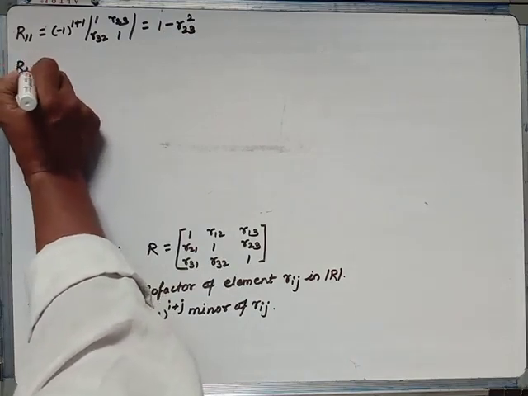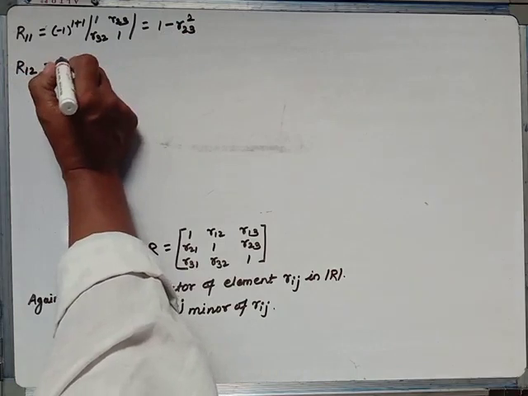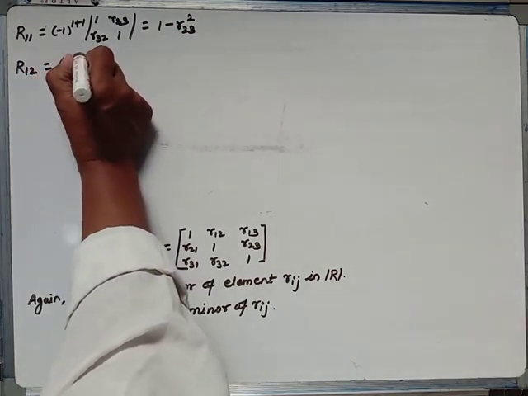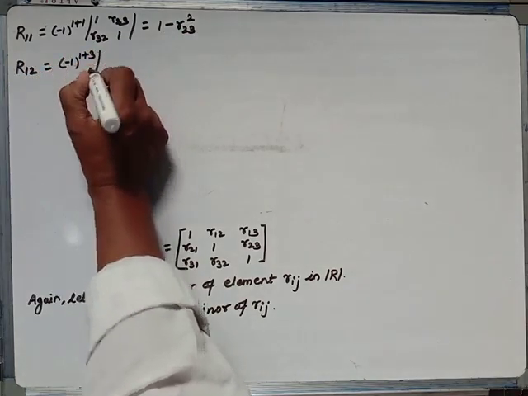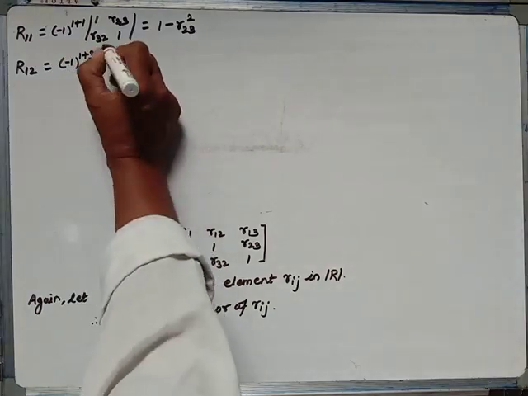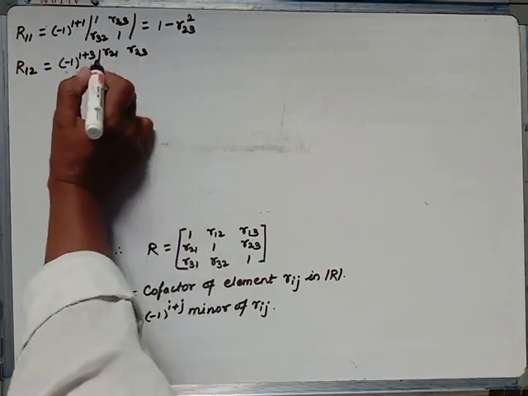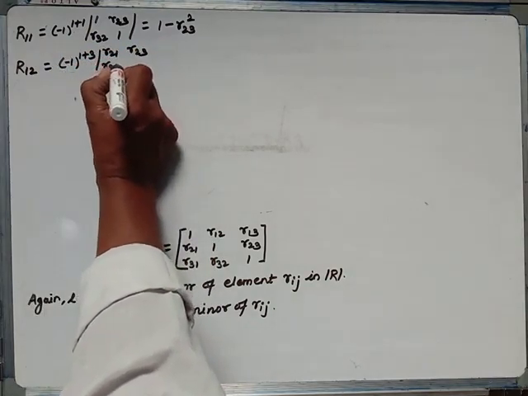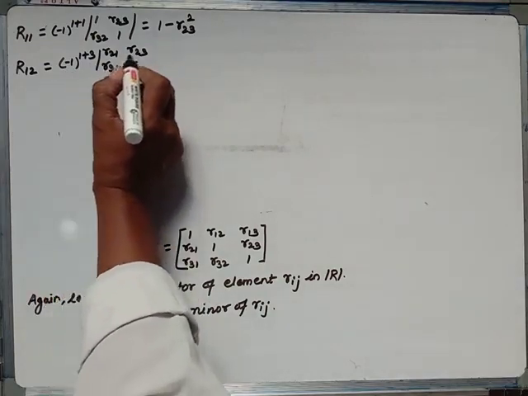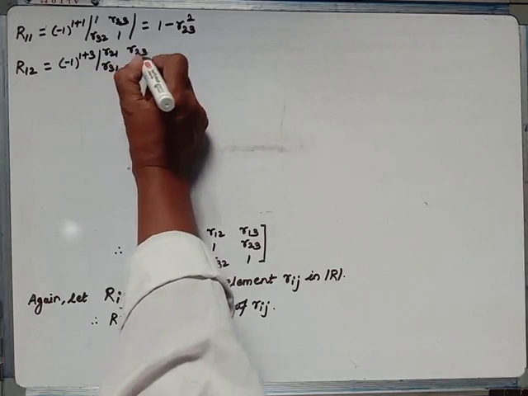Then what about R12? R12 is minus 1 raised to 1 plus 2, determinant of R21, R23, R31 and R33, which is 1.